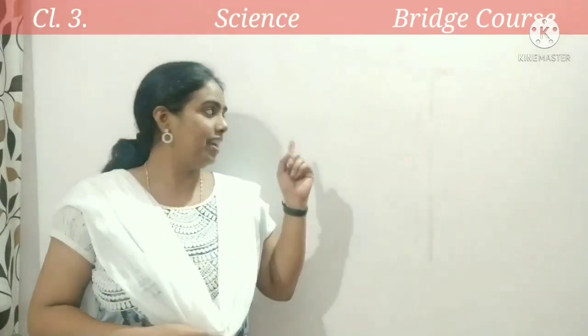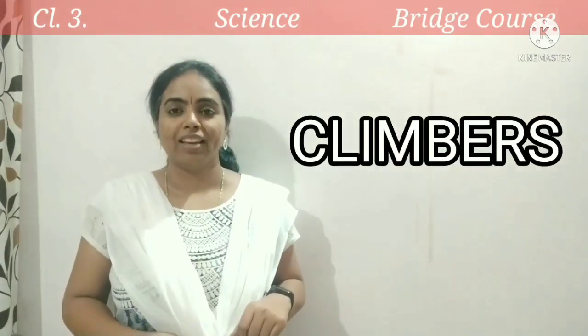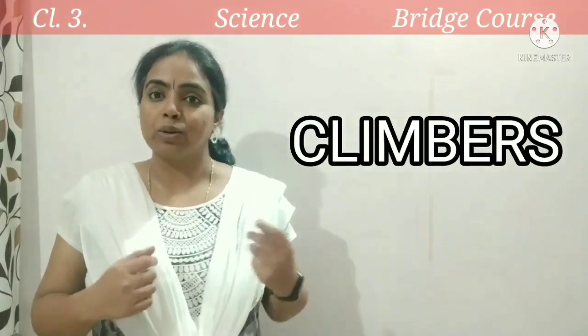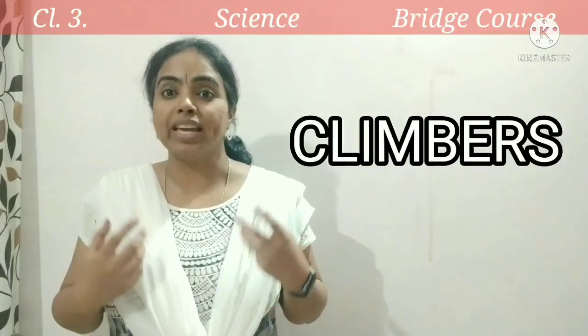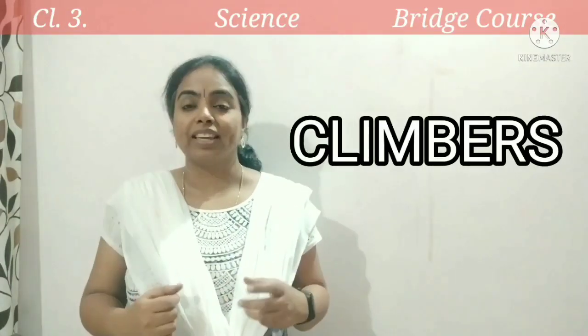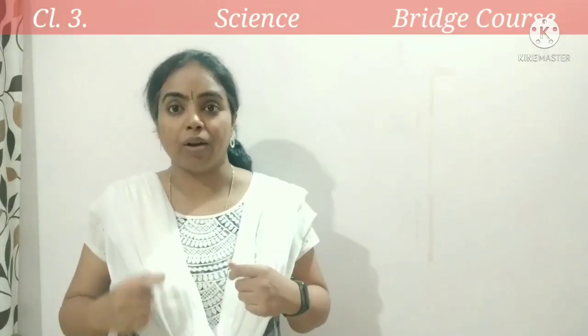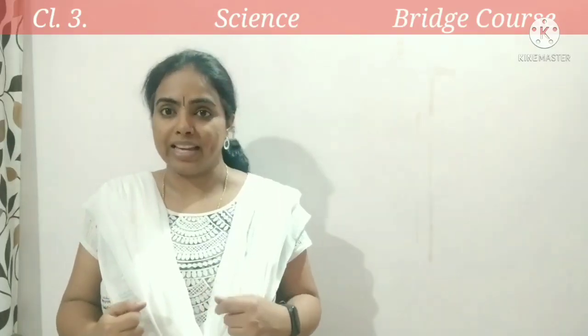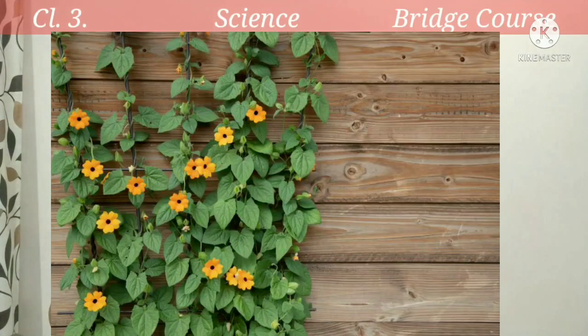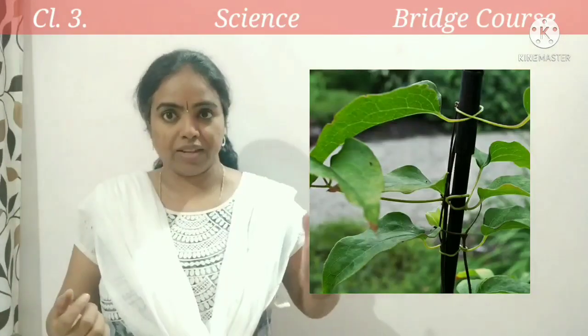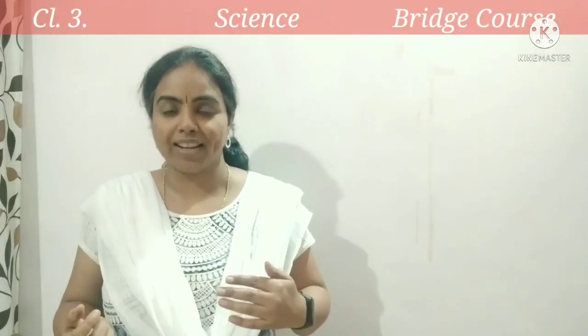Okay. The next category of plant is the climbers. Children, when compared to shrubs and herbs, some plants have really weak stem. That is, they cannot stand straight or erect on their own. Instead, they need the support of some structures like wall, other trees, or at least a stick to stand straight.